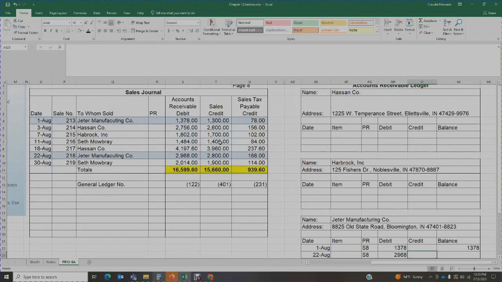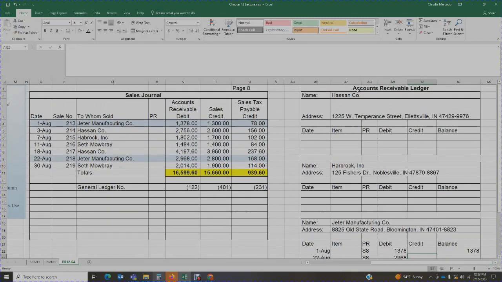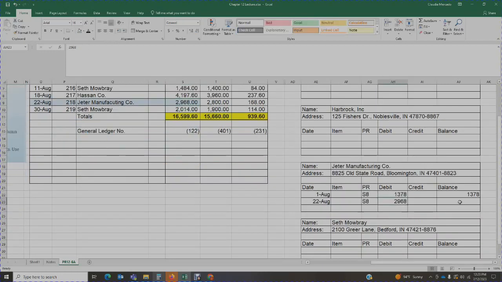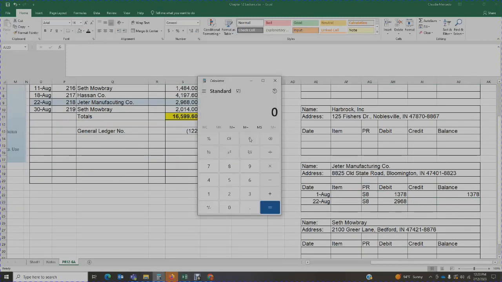Now I'm picking up the accounts receivable. We are preparing the accounts receivable ledger. We're picking up these numbers right here, the accounts receivable numbers, $13.78 and $29.68. And now we're going to add those two together. So we've got $13.78 plus $29.68.